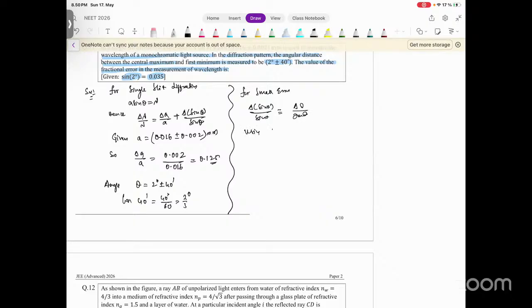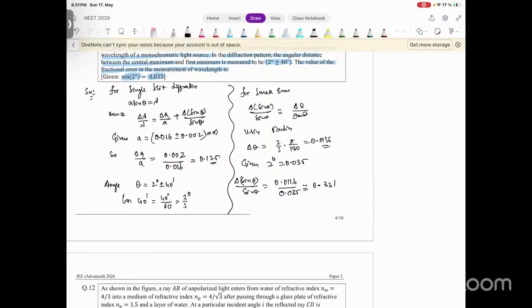Taking radians, delta theta equals 2 by 3 into pi by 180, approximately 0.0116. With 2 degrees given as 0.035, delta sine theta divided by sine theta equals 0.0116 divided by 0.035, approximately 0.331.